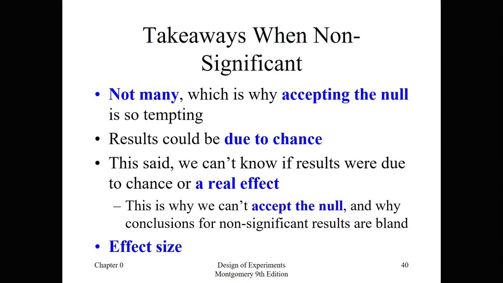Now, it's not just the effect size of what you saw, but it's also the confidence interval of the effect size. A 95% confidence interval is useful here because it tells you what the reasonable effect sizes are that could be there. And if anything in that confidence interval, like the top or the bottom of it, looks like it could be an interesting or practically meaningful effect size, then the same suggestion would apply.